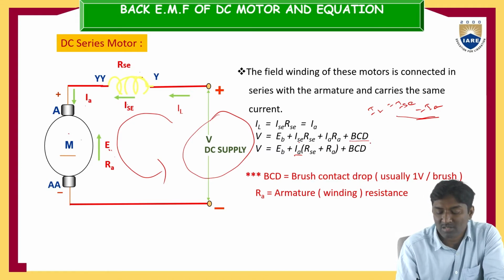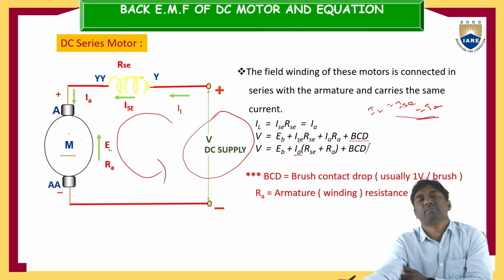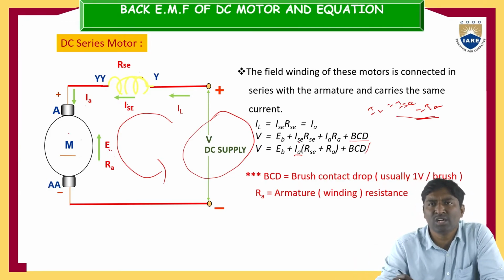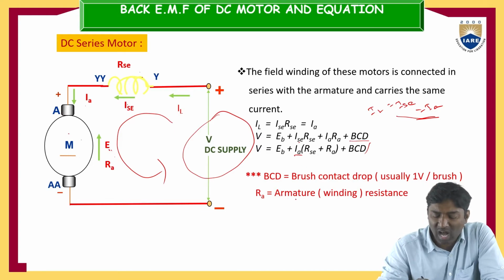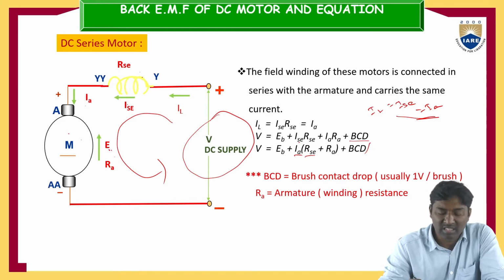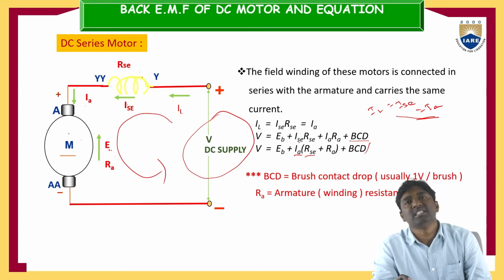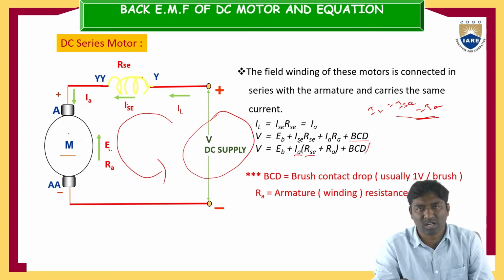Here BCD is the brush contact drop, which is usually 1 volt per brush, RA is the armature winding resistance, and RSC is the series field winding resistance. This is the voltage equation of the DC series motor.